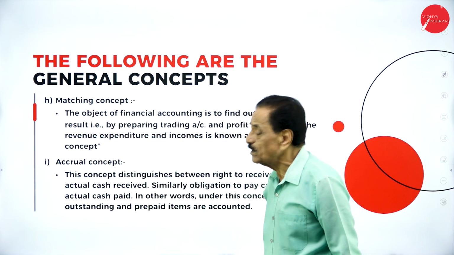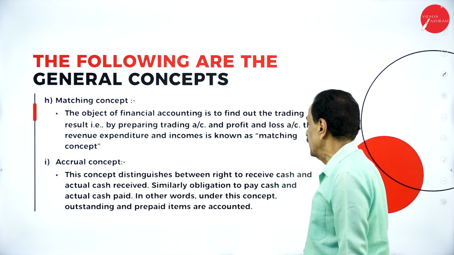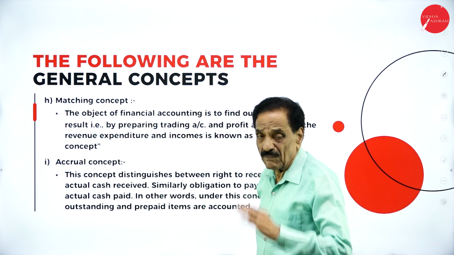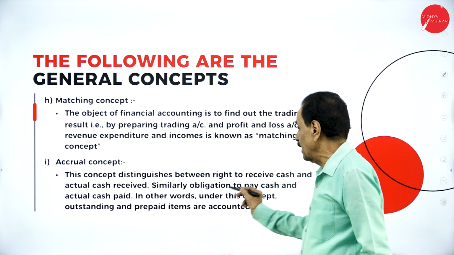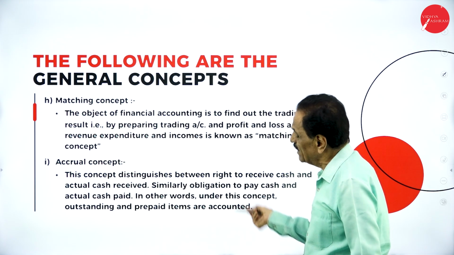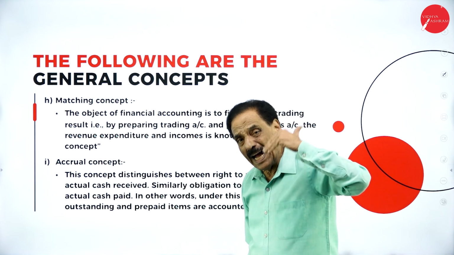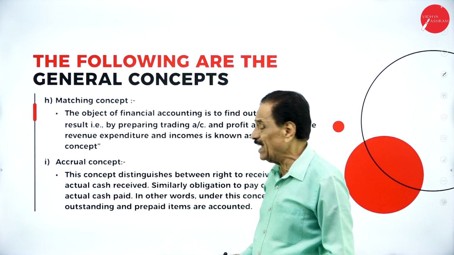A crucial concept: this concept distinguishes between the right to receive cash and cash actually received. Similarly, the obligation to pay cash and what is actually paid. How much money is to be paid, how much actually paid; how much is to be received, how much actually received.